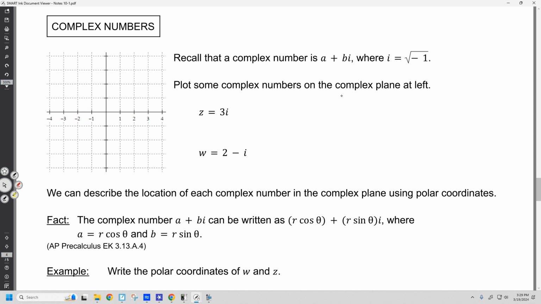But the reasoning why we are learning this is for a very advanced mathematical topic that you will get into if you take advanced math classes in college. It's the reason why they're telling you that you need to learn this now, so that when you see it later, it's not just like, I don't get it. Where do we start? I'm kind of familiar with it.